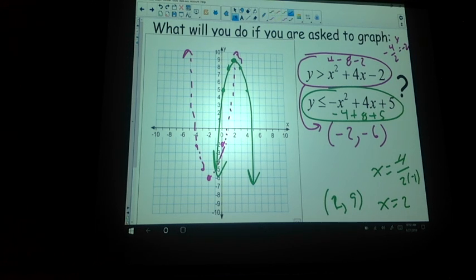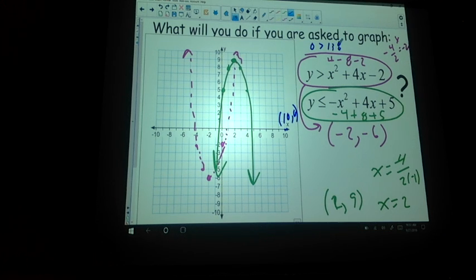Now you get the joyful choice of where in the heck you're gonna shade. All right, I'm gonna pick (10, 0). Is that okay? All right, so on this top one, I'm gonna get 0 is greater than, you shade in the middle, 138.